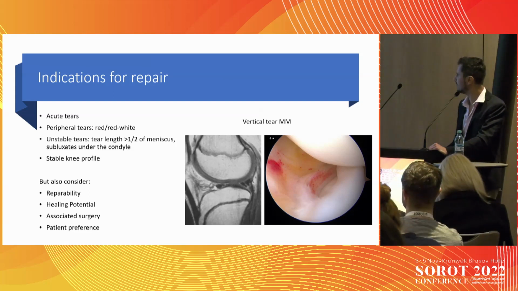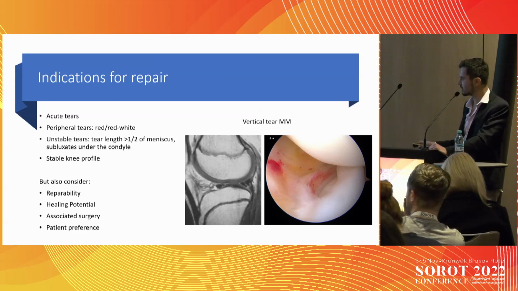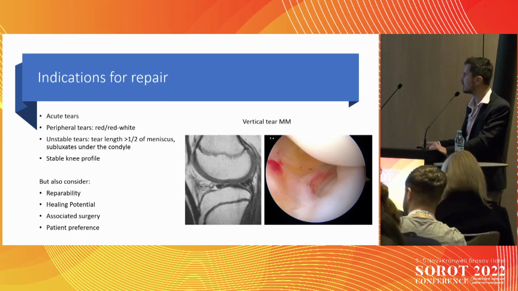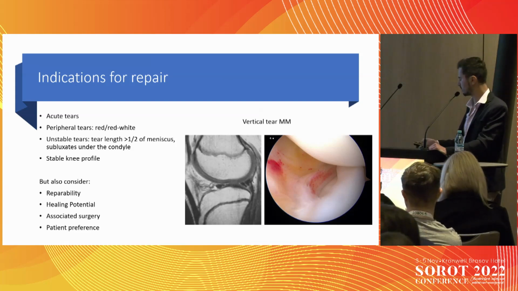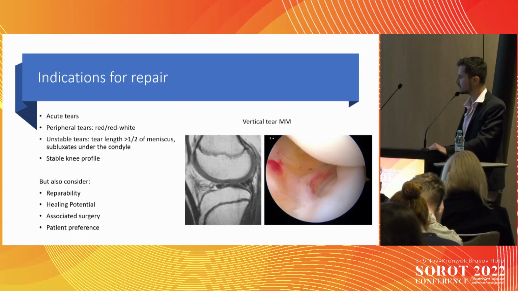Vertical tear on this picture. Okay, you can see a big, good vascularization, so it's good for the suture. And you can see on the MRI the grade 3 of this lesion, and we see it on the arthroscopy.